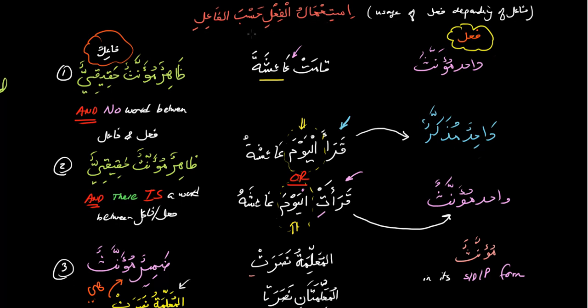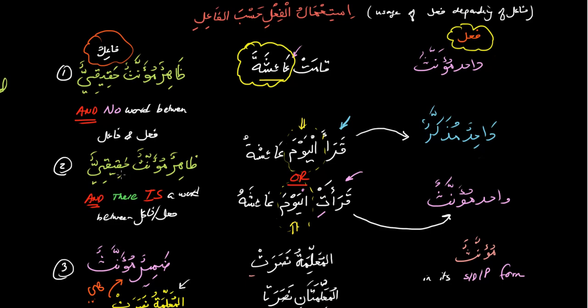Zahir, mu'annas, haqiqi, and no word between the fi'l and fa'il: Khamat Aishatu. This is Aishatu, this is fi'l and this is fa'il, so then it will be wahid mu'annas.